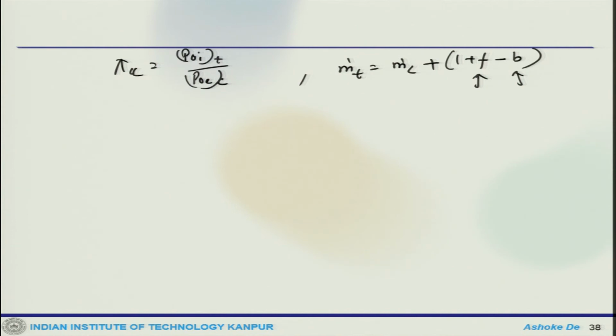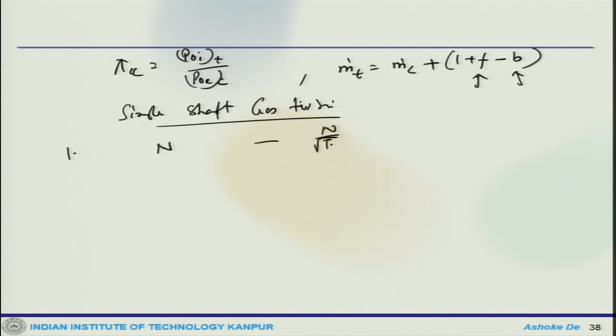Now, just to look at a single shaft gas turbine engine, these are the following steps. You select a rotational speed N, so that from ambient conditions we can calculate N by root T naught 1, which defines the speed lines. Then you assume a compressor pressure ratio, P naught 2 by P naught 1.